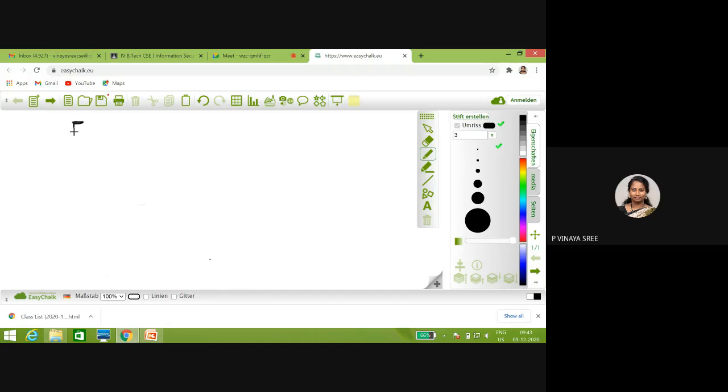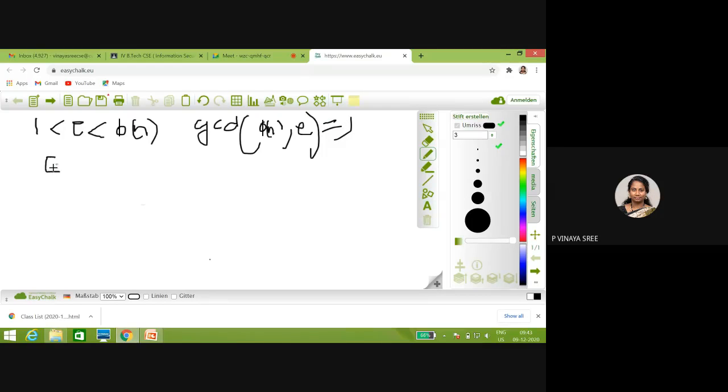So we need to calculate E, and it should be co-prime with pi of n, and the other rule is that the GCD of pi of n comma E should be equal to 1. For that we are using Euclid's algorithm for finding the GCD.